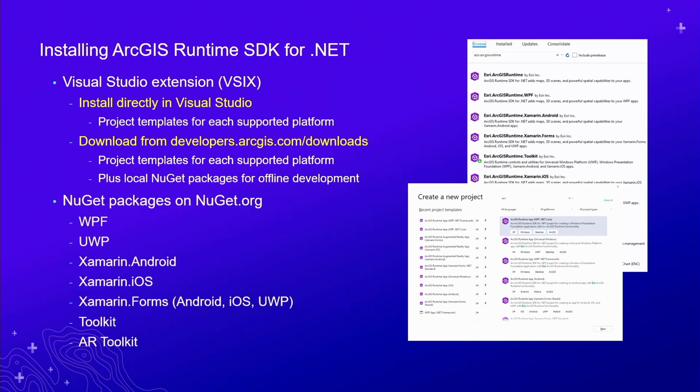So the NuGet packages that are hosted on NuGet.org are the WPF API, UWP, Xamarin Android, Xamarin iOS, Xamarin Forms, which has a dependency on the previous NuGet packages, Android, iOS, and UWP. We also published the ArcGIS Runtime SDK for .NET Toolkit NuGet package on NuGet.org and the Augmented Reality Toolkit NuGet package as well.